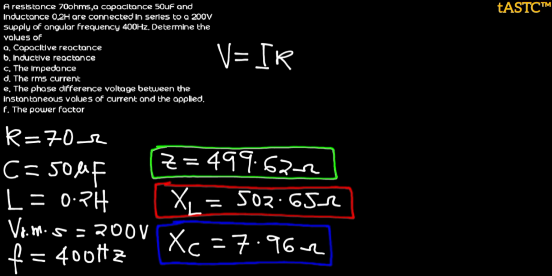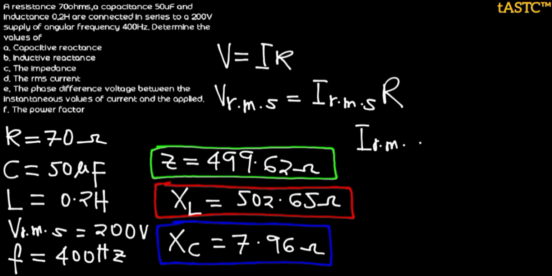But in this case, we got it as the RMS voltage, so this is going to be V RMS, and that will be equal to I RMS multiplied by R. So we need to make I RMS the subject. In this case, I RMS is going to be equal to V RMS divided by R.